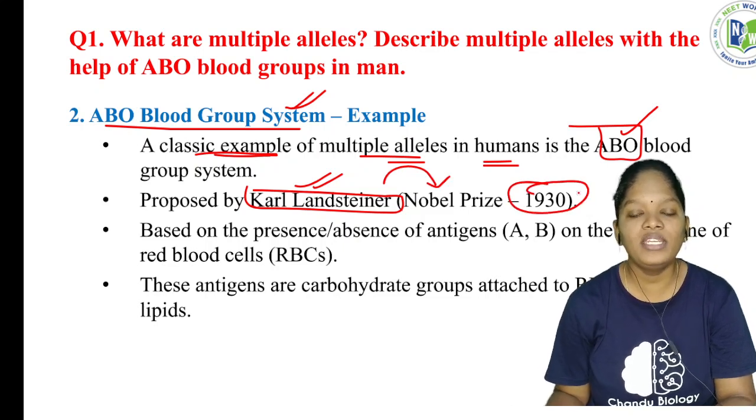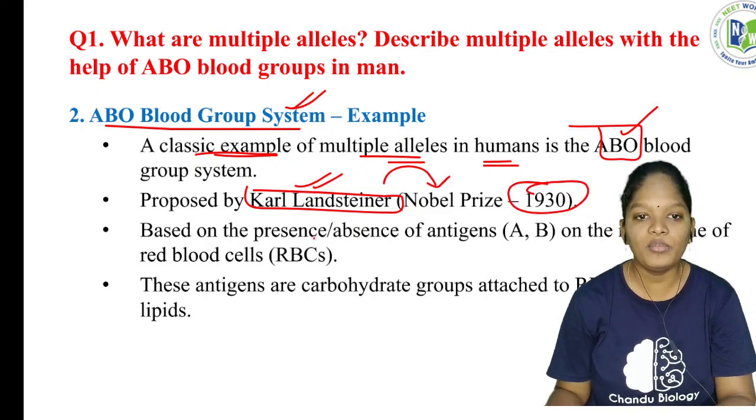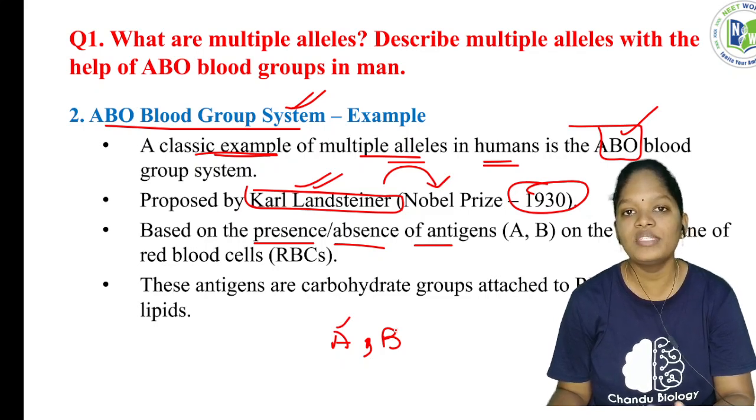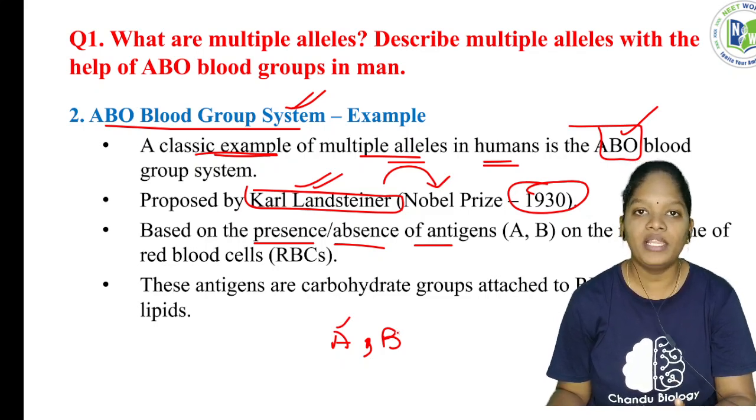What did he observe? It is based on the presence or absence of antigens. We have two different types of antigens, A antigen and B antigen. Based on which antigen is present or absent, we determine the type of blood group.